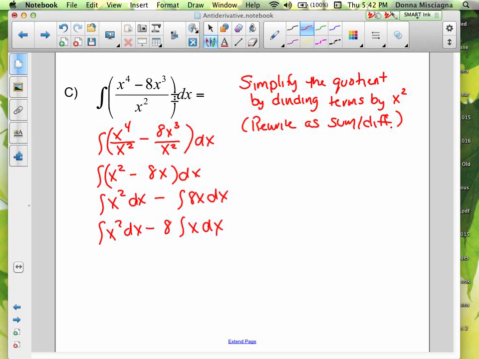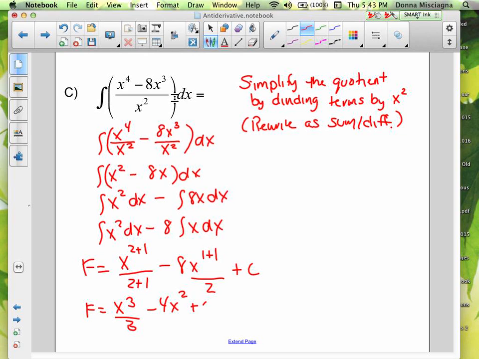The integral of x squared dx would be, we increase the exponent by 1 and divide by that same value, plus our constant of integration. So that's going to be x cubed divided by 3 minus 4x squared plus c. That would be the function that has that as its derivative.